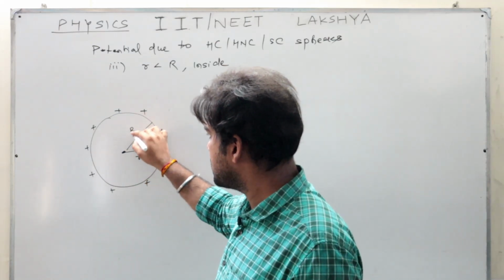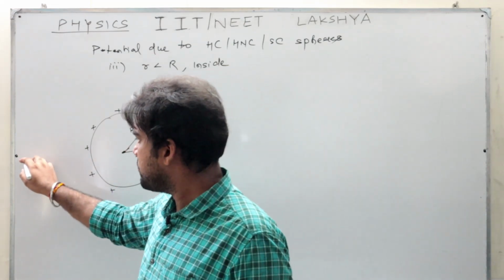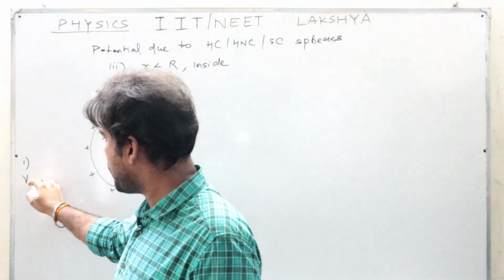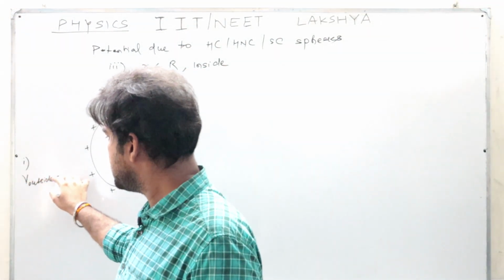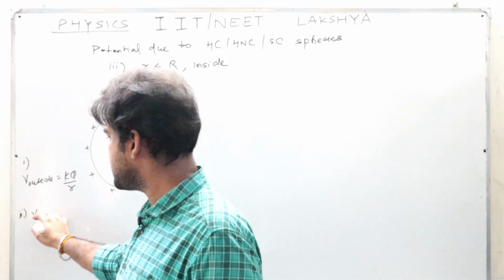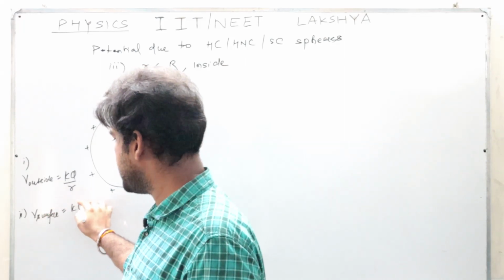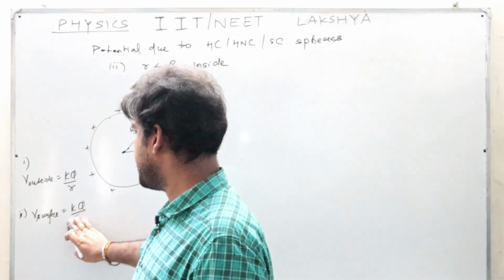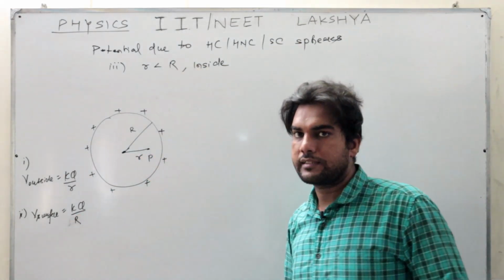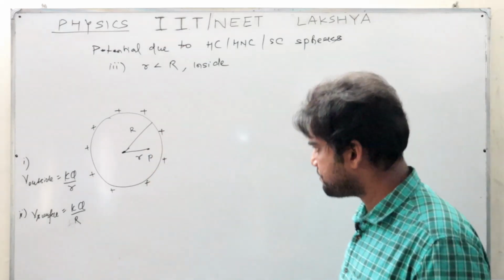Obviously capital R is the radius of the sphere. So for case 1 we have already discussed, that is V outside, which was kq by small r, and case 2 also we have discussed, that is V on the surface of the sphere, which is kq by capital R. Now we need to discuss the case due to an inside point.